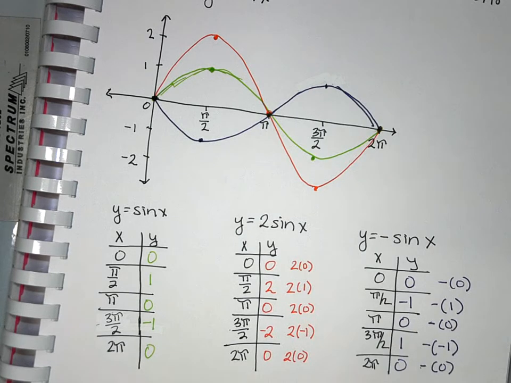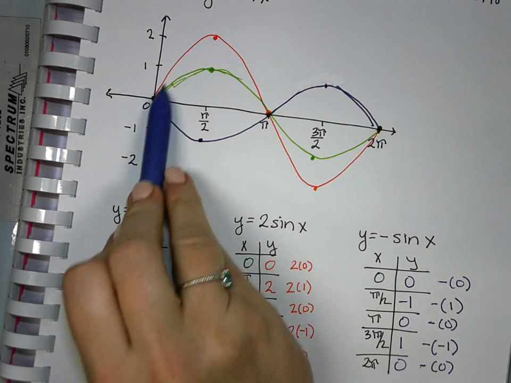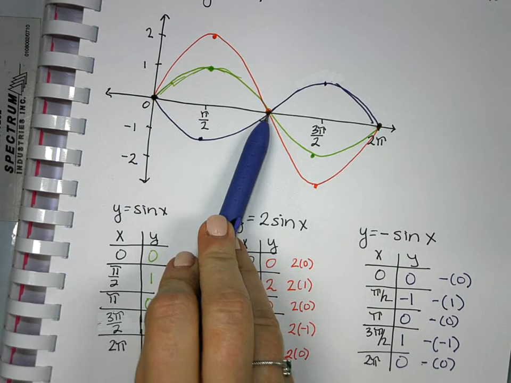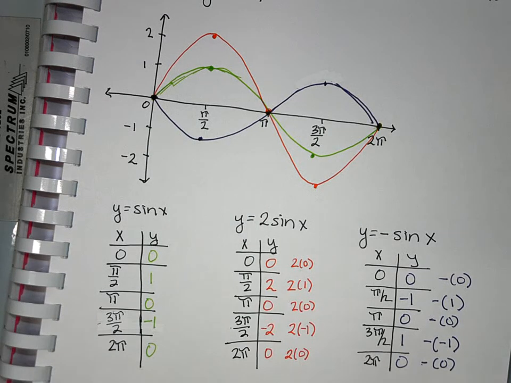The main thing that I noticed is that instead of starting at 0 and going up like the green one did, it started at 0 and went down. These are the kind of things that we're going to be learning the names of and how to tell what's happening before we graph, so that we can predict what our graphs are going to look like.